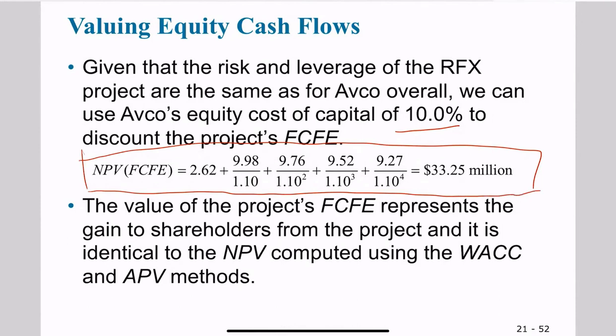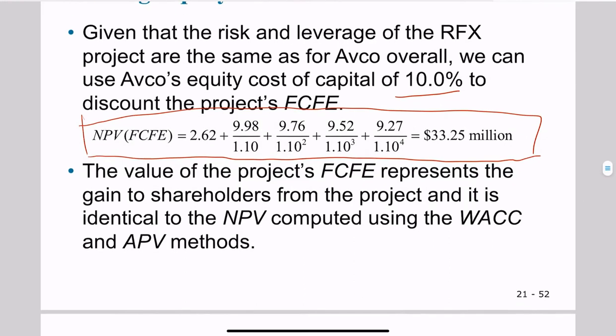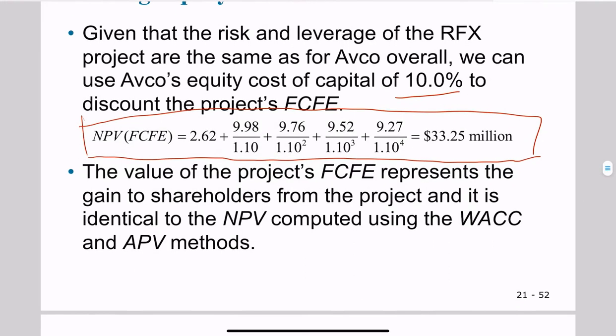And you can see that the negative present value from this free cash flow from this project is, the net present value of this project is $33.25 million. You can verify that this NPV is the same number we have got from the WACC method and the APV method.